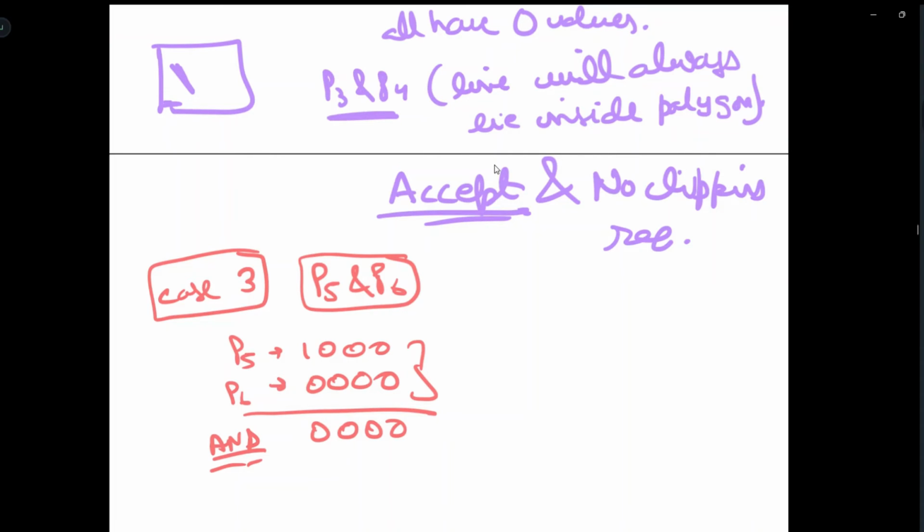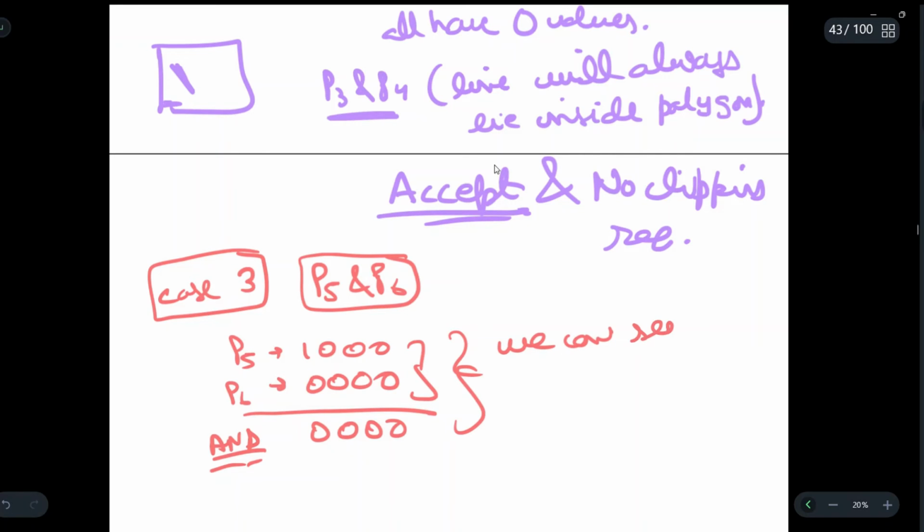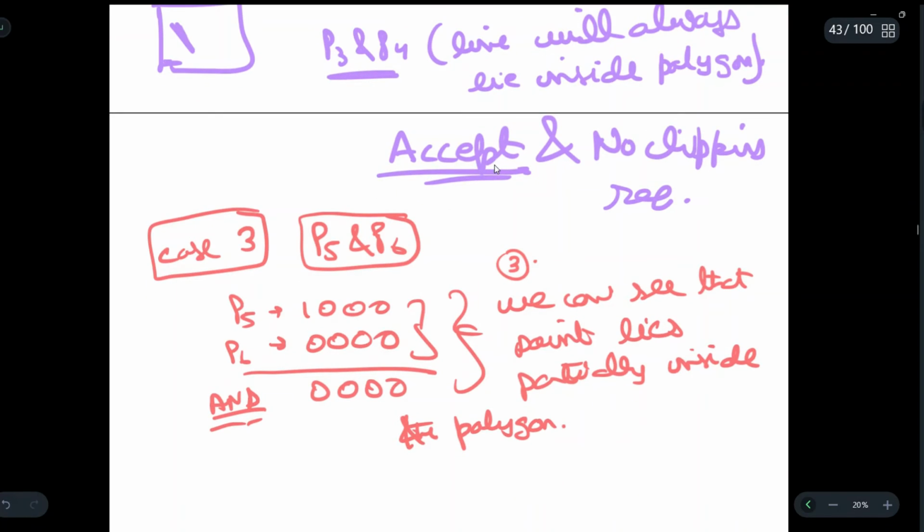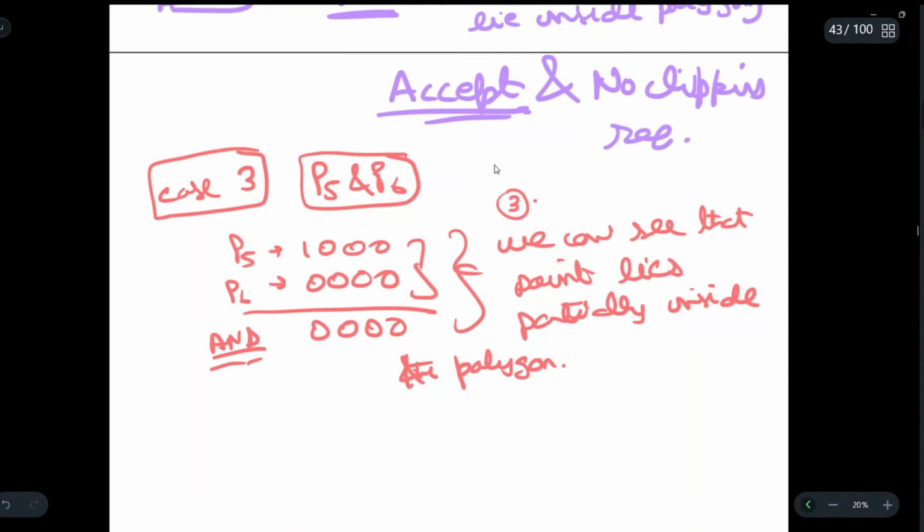That is, this is now our property 3. We can see that the point lies partially inside the polygon and the other part lies outside the polygon. So suppose this is a polygon and a line lies like this.